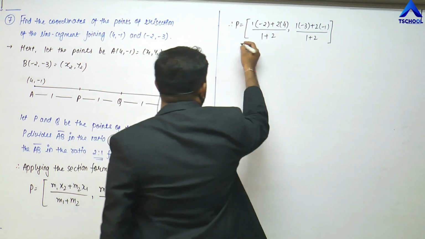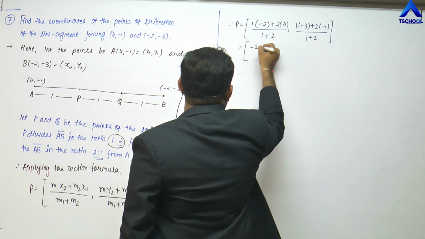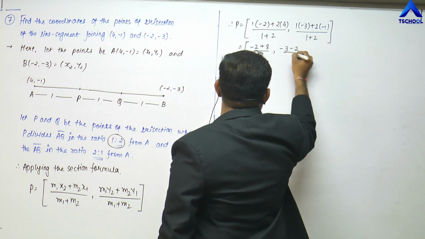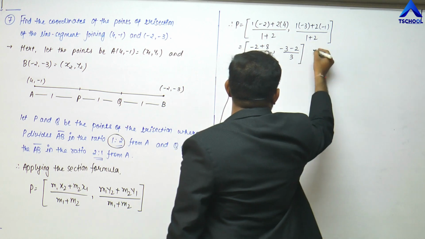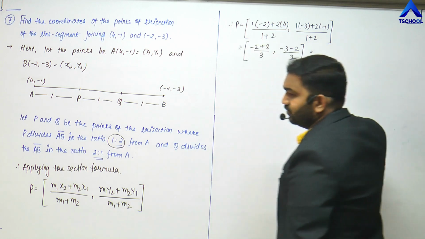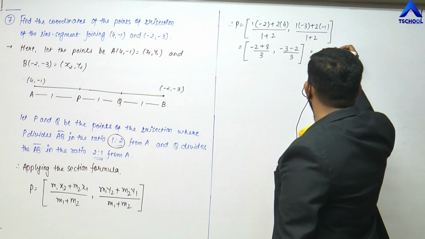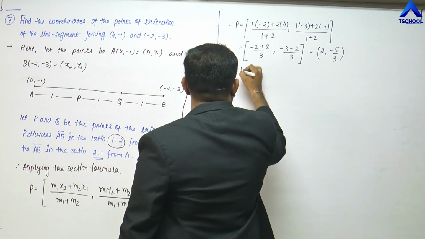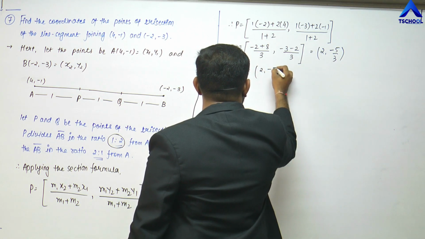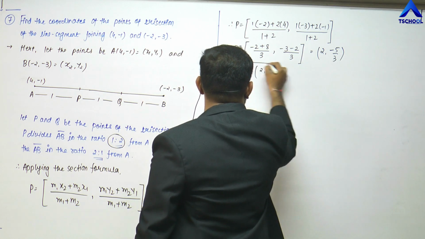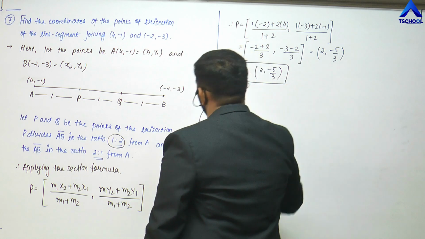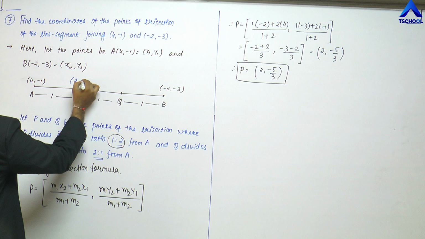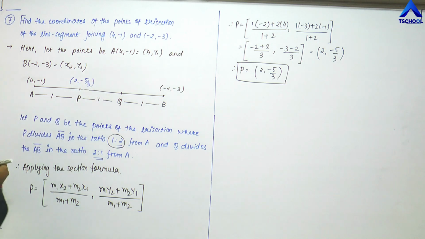Therefore solving this we get minus 2 plus 8 upon 3 comma minus 3 minus 2 upon 3, which gives me 8 minus 2 is 6 by 3, that is 2 comma minus 5 by 3. Therefore P is equal to 2 comma minus 5 by 3. We got the first point here, that is P, which is 2 comma minus 5 by 3, right?